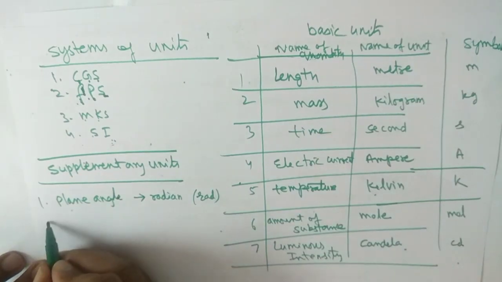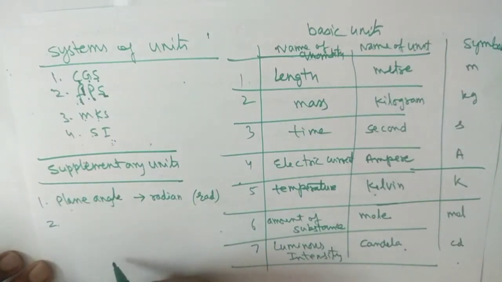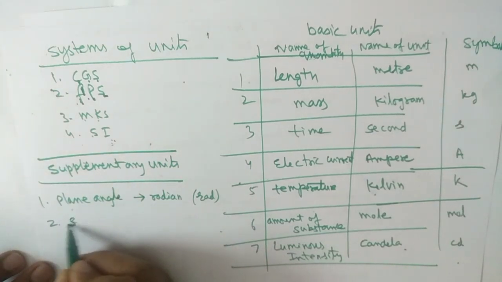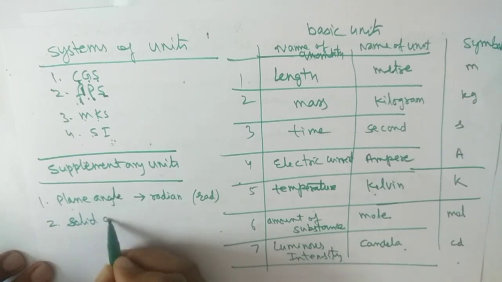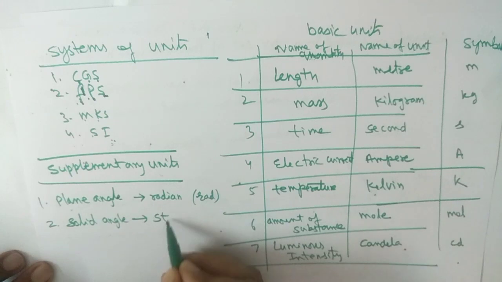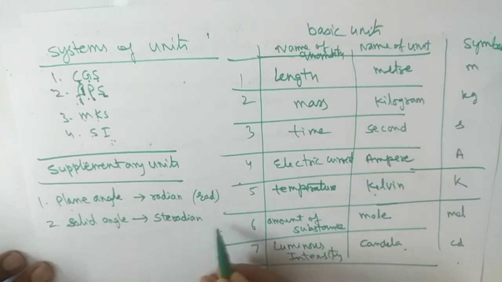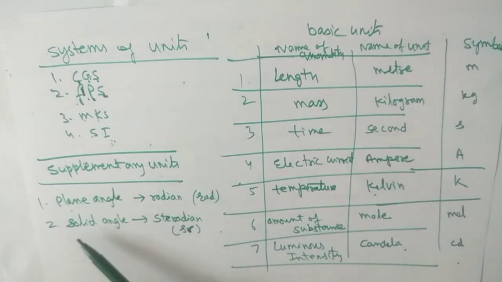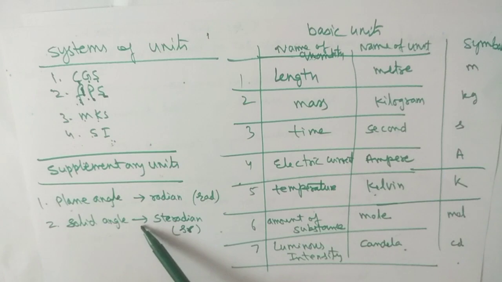Another supplementary unit is for solid angle. Its unit is steradian, denoted by small sr. You will study solid angle in class 12th. Plane angle you know very well.